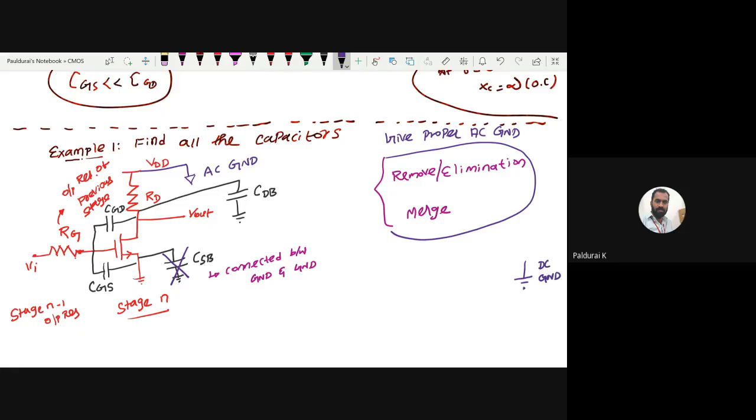So this VDD must be connected to AC ground. So we can remove CDB. So removal is possible. Totally how many capacitors? So first point, one capacitor is removed.